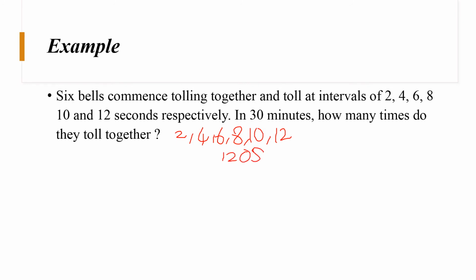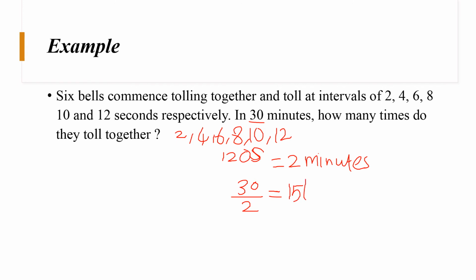In 120 seconds all the bells toll together, that is 2 minutes. In 2 minutes all the bells toll together and we want to find it for 30 minutes. So 30 divided by 2 gives you 15.